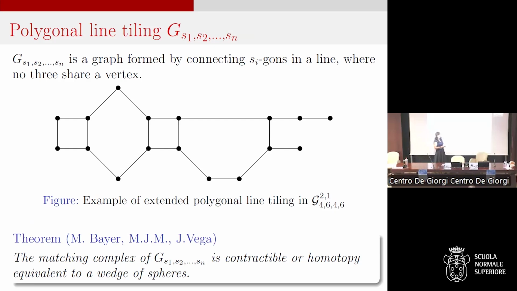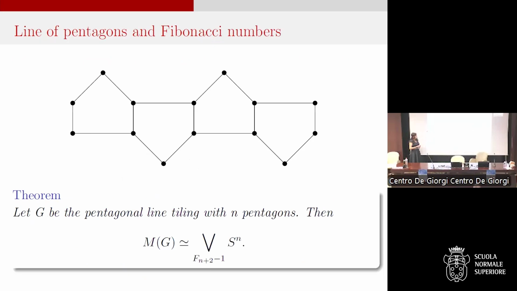I could have anything here, but it was harder to draw a picture. And then I also have some tails. Tails don't change much. And what we proved is that whenever we have a line of any polygons, the matching complex is either contractible or homotopy equivalent to a wedge of spheres. And we should mention Fibonacci in Pisa, right?